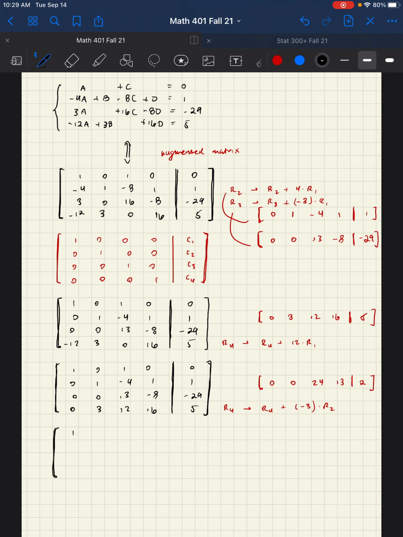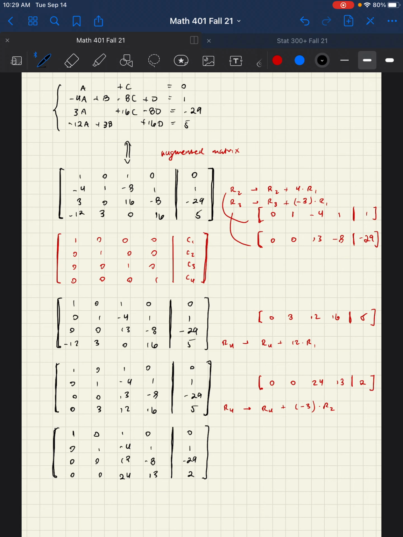So we now have 1, 0, 1, 0, 0, 0, 1, negative 4, 1, 1, 0, 0, 13, negative 8, negative 29. And then our last row becomes 0, 0, 24, 13, 2.